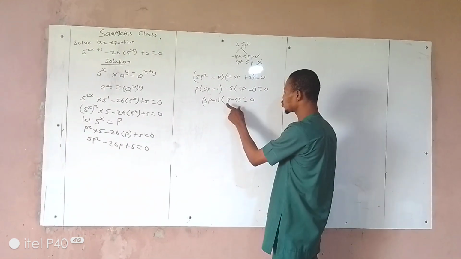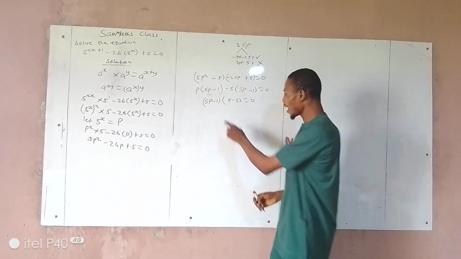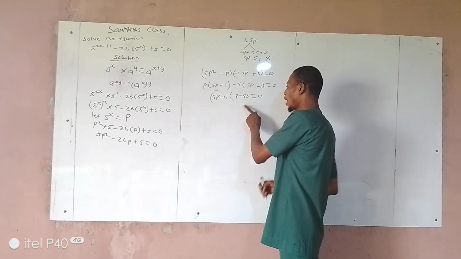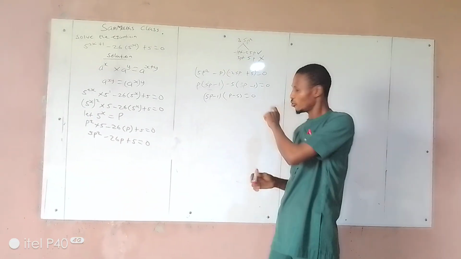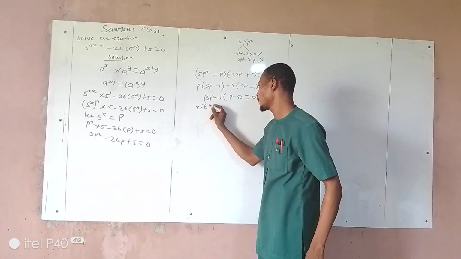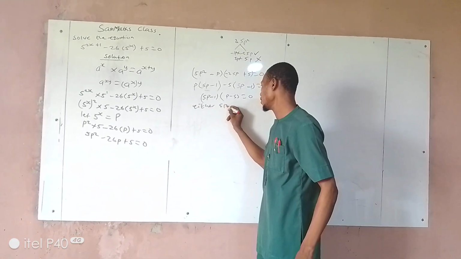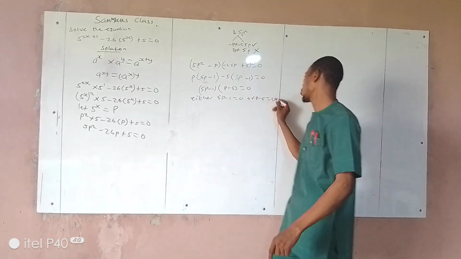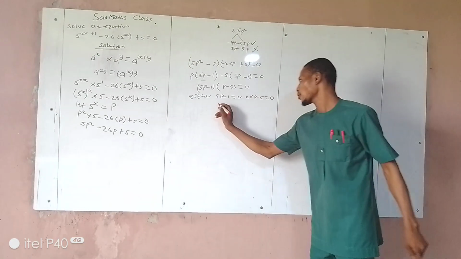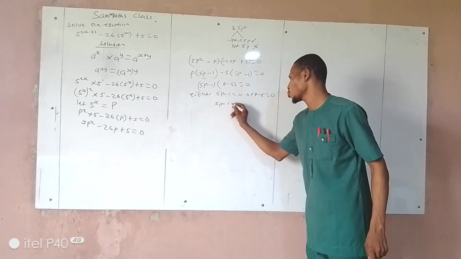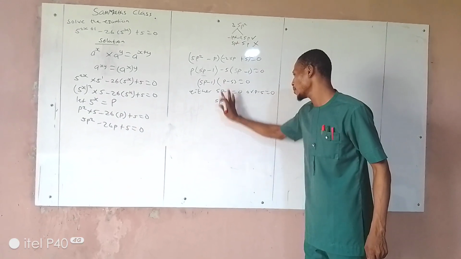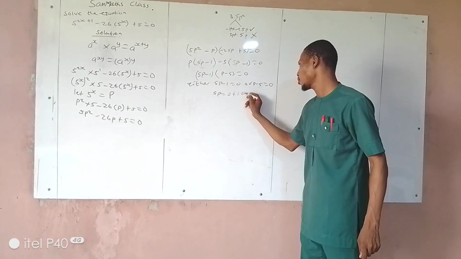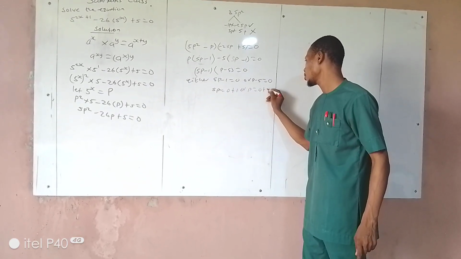Since the product of two things gives 0, either one of them is 0. That is, either 5p minus 1 equals 0 or p minus 5 equals 0. For 5p minus 1, if we collect like terms, 5p equals 0 plus 1, and for the other, p equals 0 plus 5.